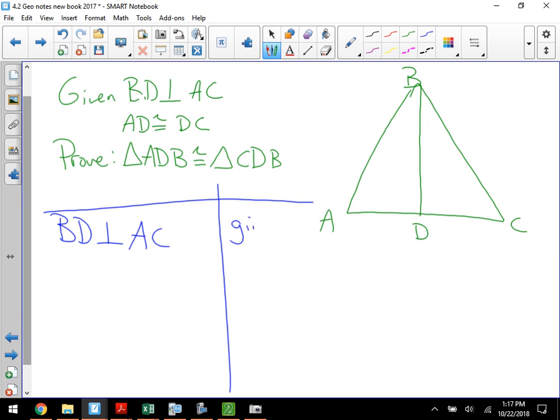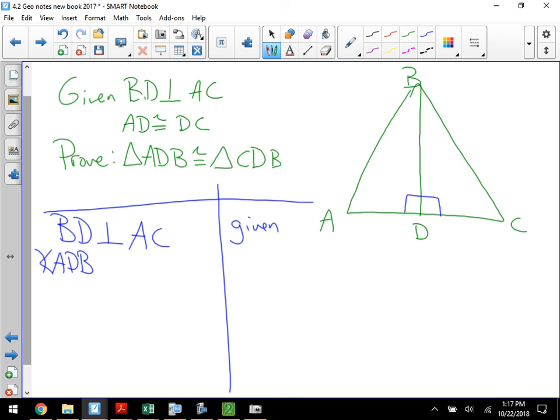If you're given perpendicular, what does your progression sheet say to do next? State the right angles that are formed. Okay. So you go to your diagram and you draw where the right angles are created. Since they're perpendicular right there, I know that those 2 angles have to be right angles. So I have to say what they are. Angle ADB.